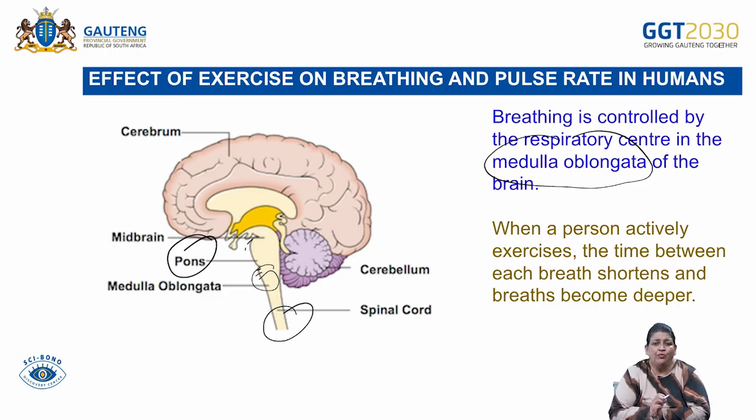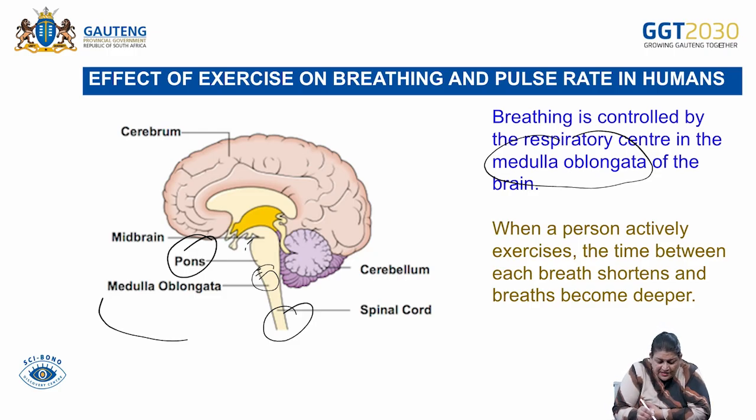So the medulla oblongata controls the speed, that means how fast and how many, the rate and the depth of your breathing, during exercise and during activities. So breathing is controlled by the respiratory center, the medulla oblongata of the brain.